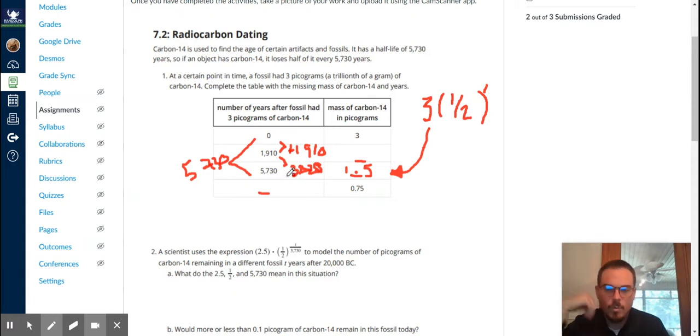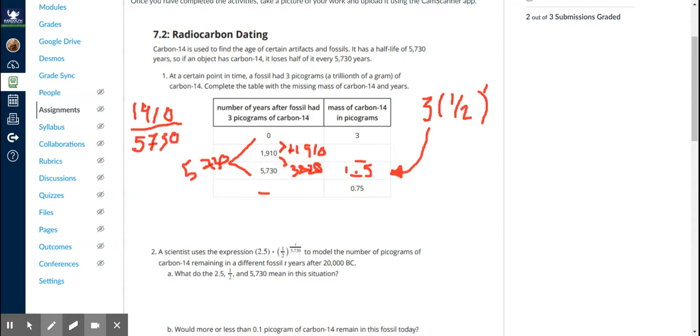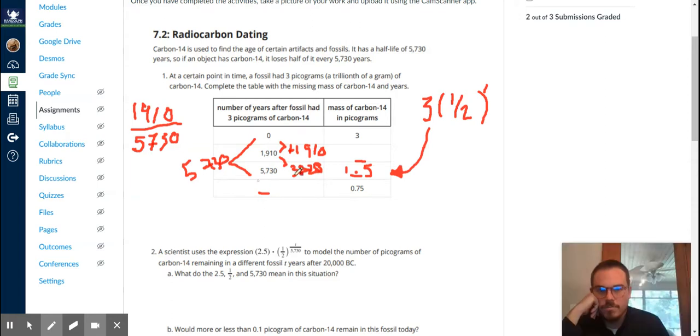What do I mean? If I take 1,910, which is the time passed, and divide it by an entire half-life cycle, 5,730, we're going to get 1/3.